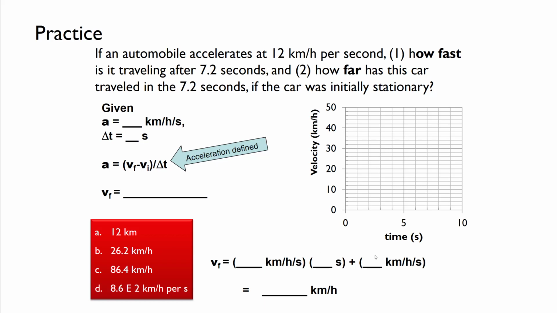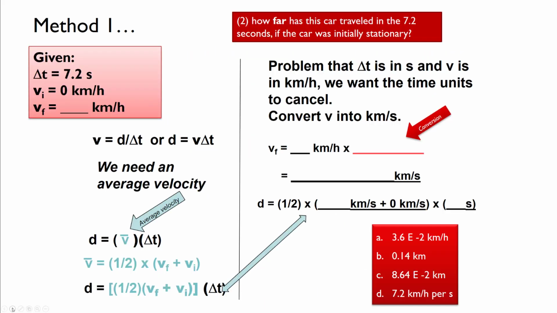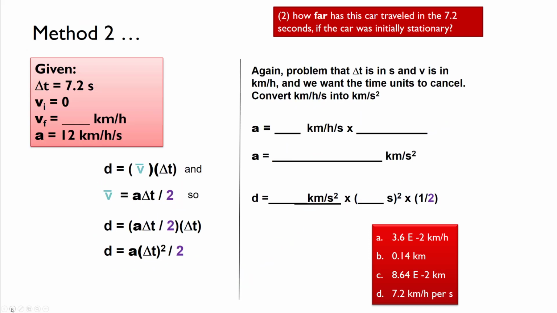I've even cautiously written out the units here so you won't get lost there. See if you can arrive at the correct one of the 4 answers below. And then here's part 2, method 1, set up so that you can just basically work through the blanks if you want to. I'd also encourage you to explore method 2, but it's going to end up at the same answer set when it's all said and done.